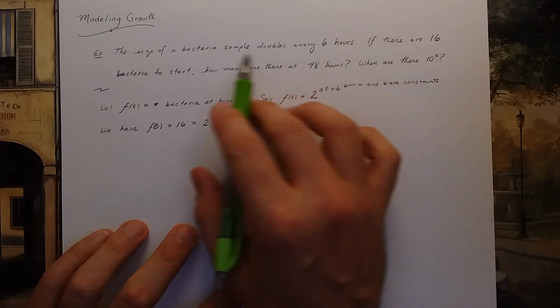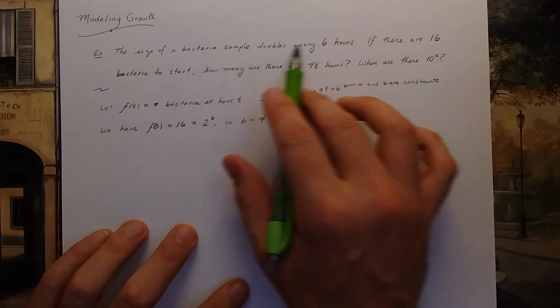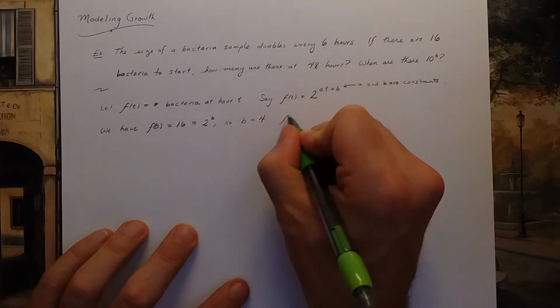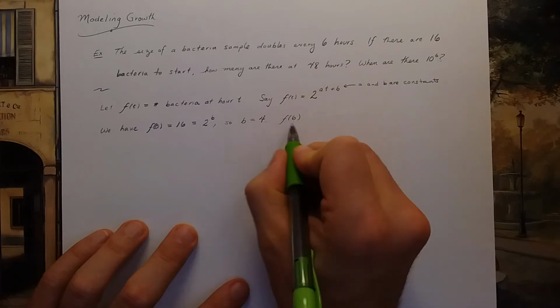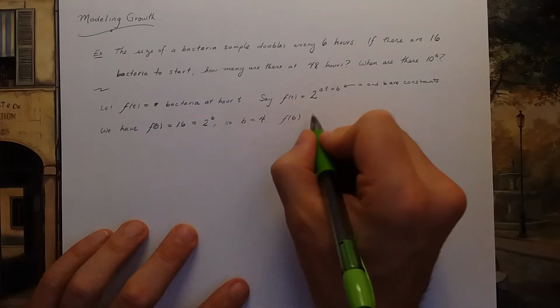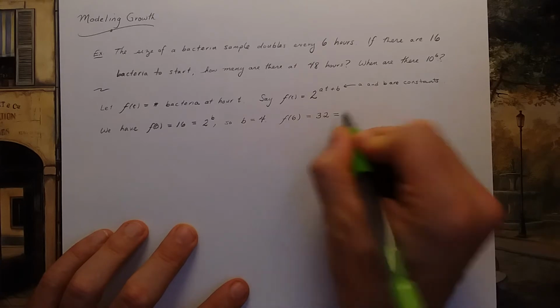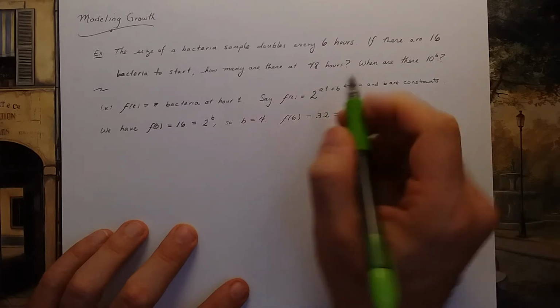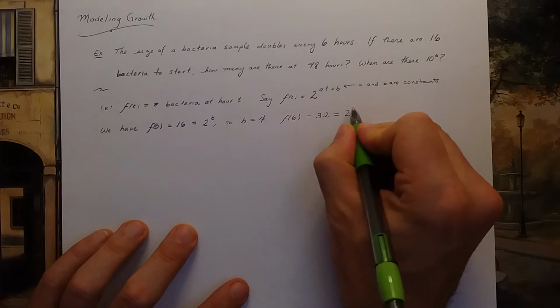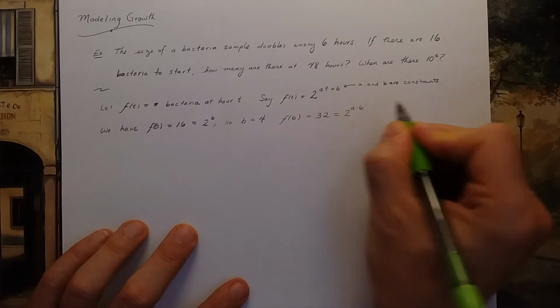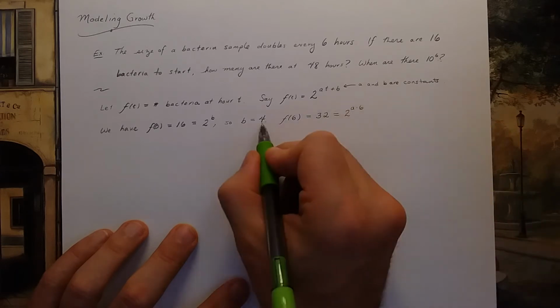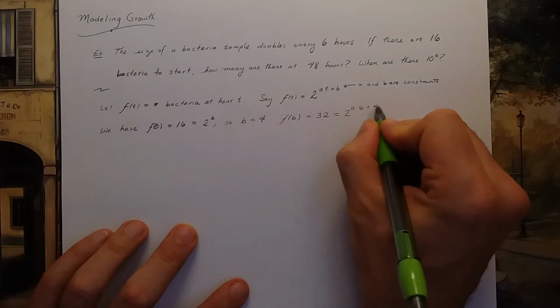I know that the sample size doubles every 6 hours. So after 6 hours, if I have hour 6 in here, I should get 32. So if I plug in 6 for t into my model, I get 2 to the a times 6 plus b, which I already identified as 4.